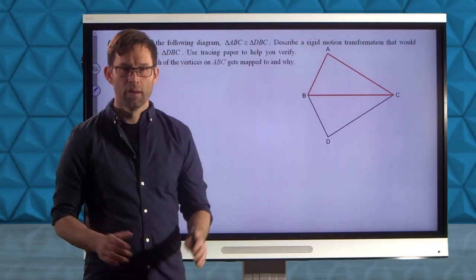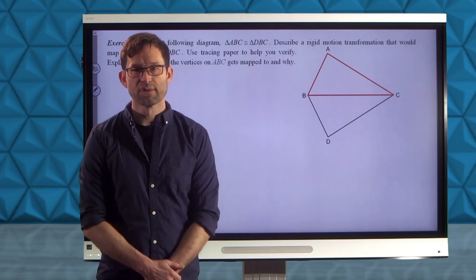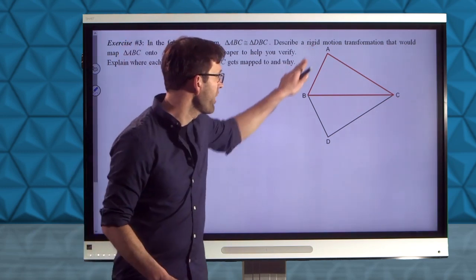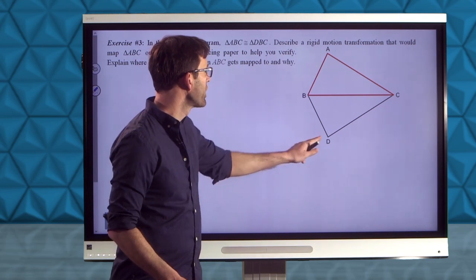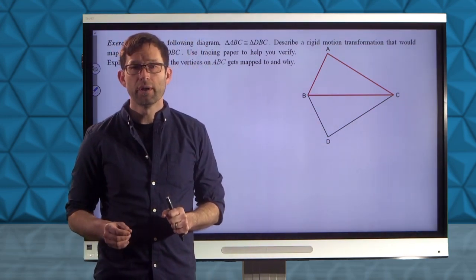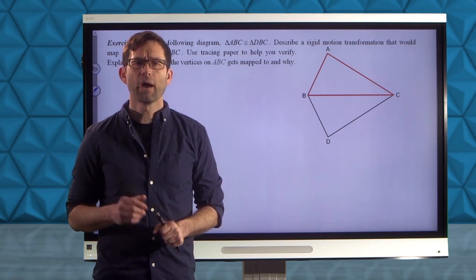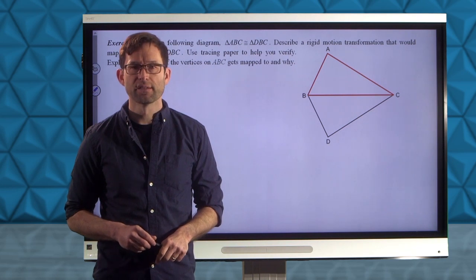So in this particular problem, we're looking for one of the basic rigid motions that will map triangle ABC onto triangle DBC. The question is, which rigid motion will do it? And we only need one. So think about this a little bit and try to describe it in as much detail as possible.